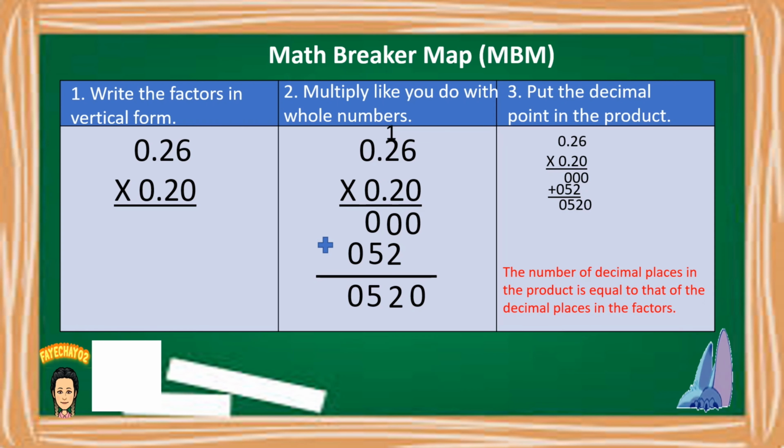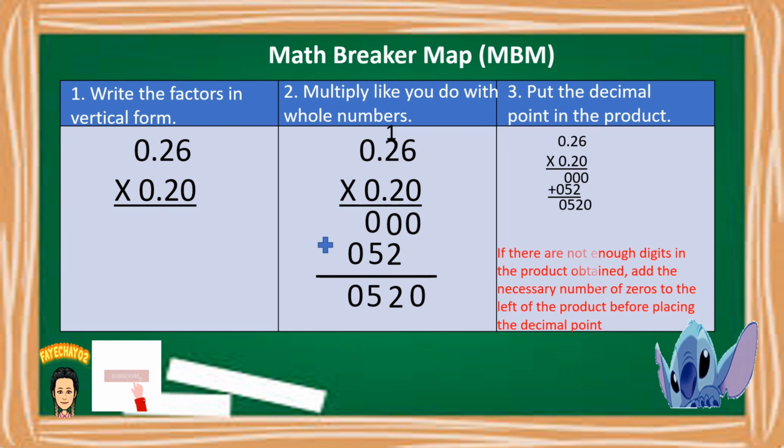So, remember that the number of decimal places in the product is equal to the number of decimal places in the factors. And if there are not enough digits in the product obtained, add the necessary number of zeros to the left of the product before placing the decimal point.